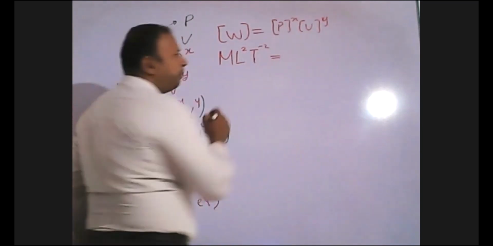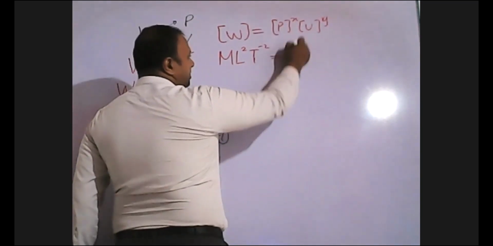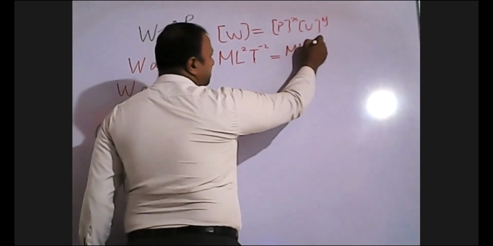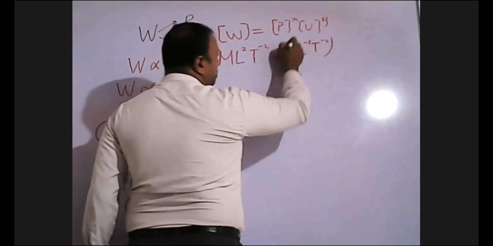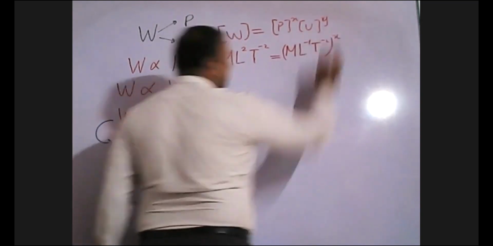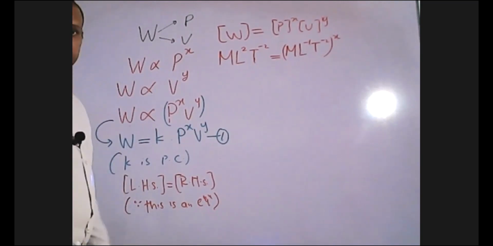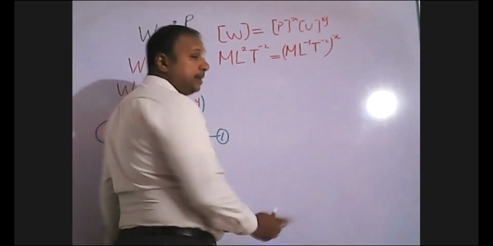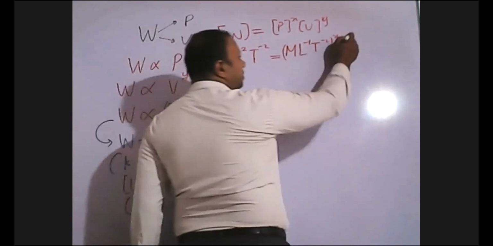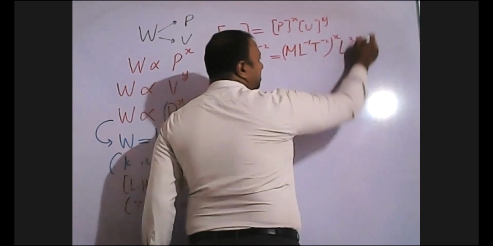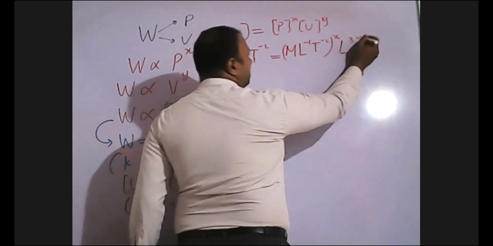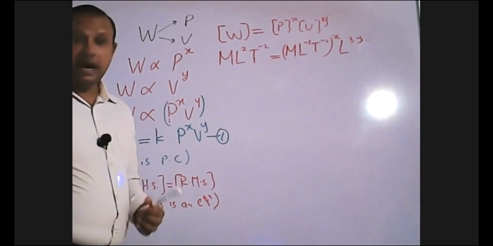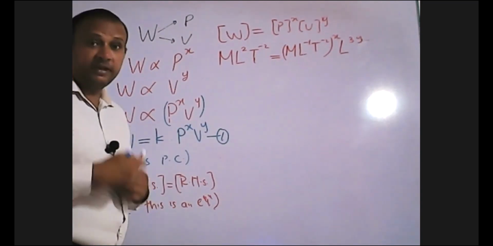Dimension of pressure is equal to M L minus 1 T minus 2, to the power X. Then dimension of V means volume, and volume is L to the power 3, so L to the power 3y. After that, I can simplify this.